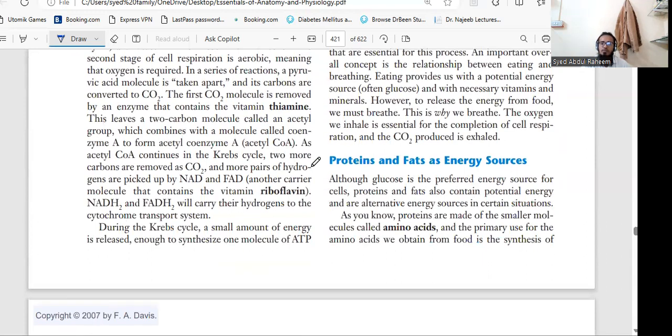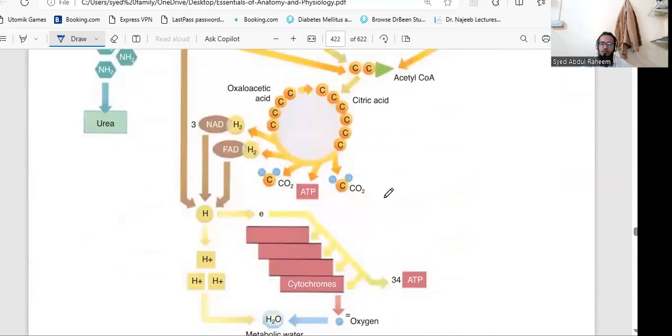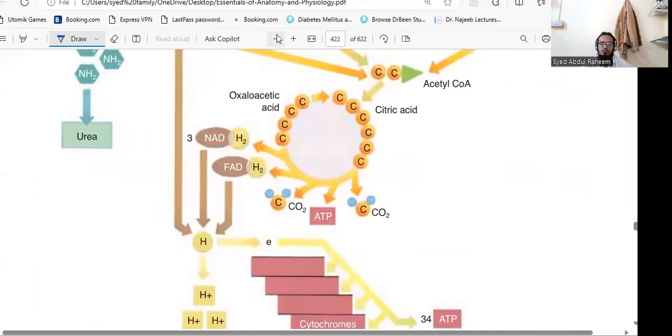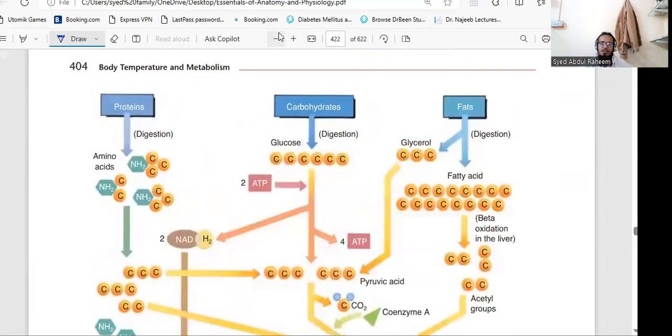Here we will discuss some proteins and fast energy sources. But here we have the diagram. With the help of the diagram, we'll be able to understand. Here you can see proteins.